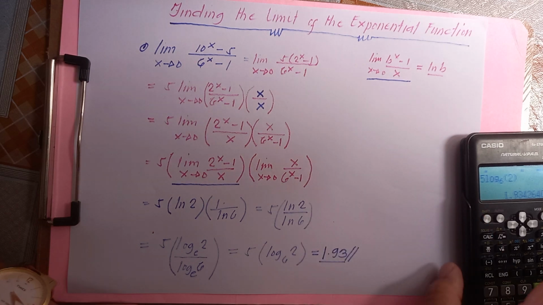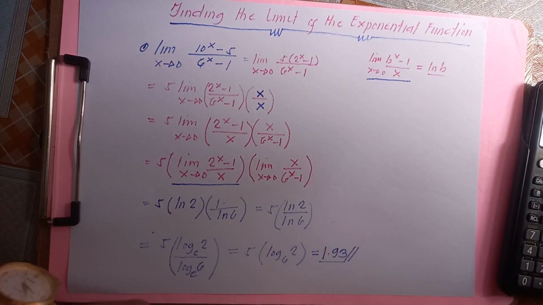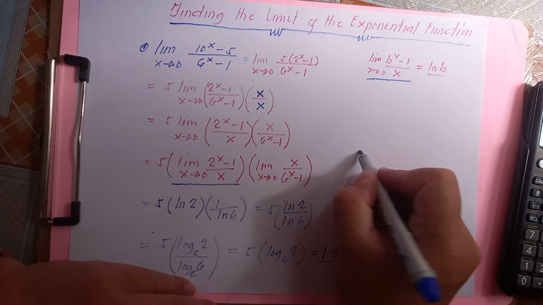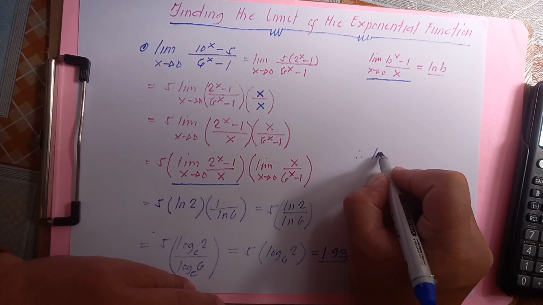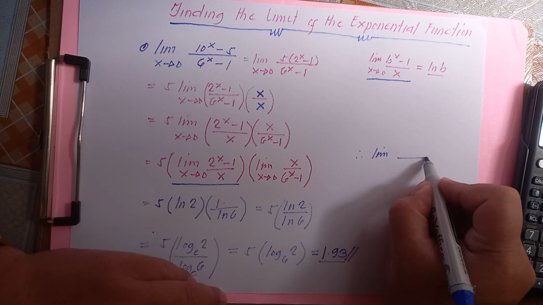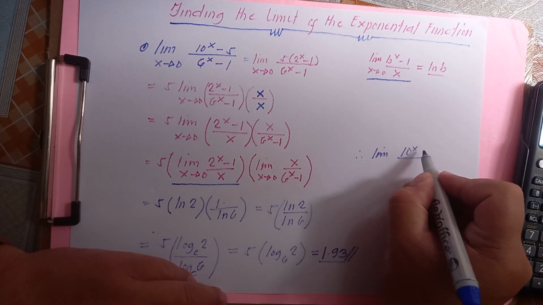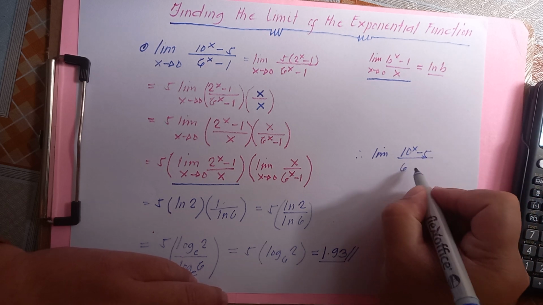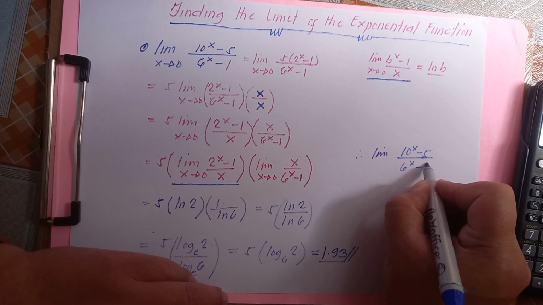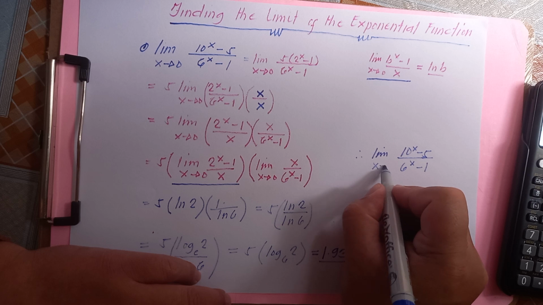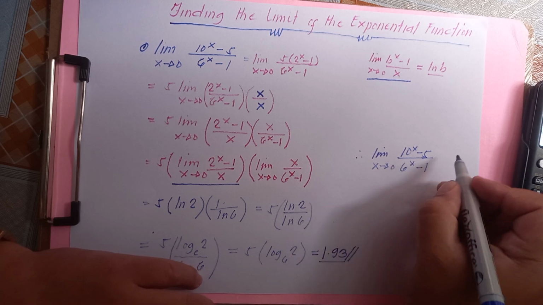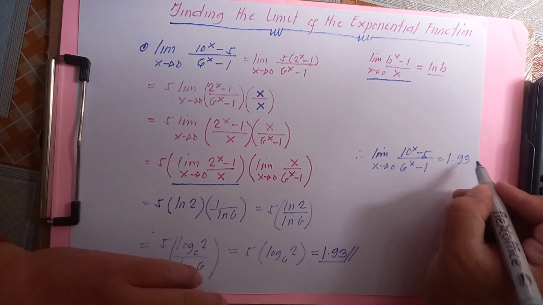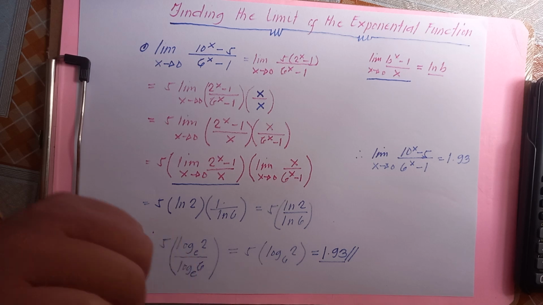So we can now say that the limit of 10 raised to x minus 5 over 6 raised to x minus 1, as x is approaching 0, is 1.93.